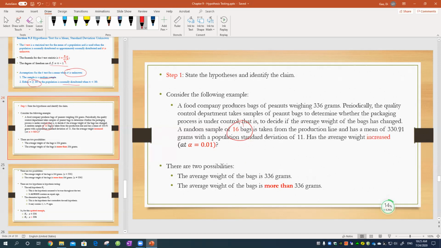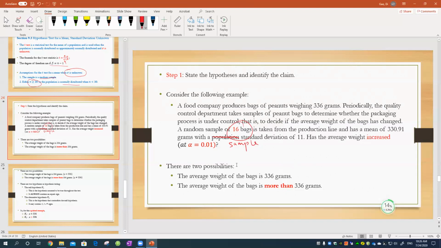Here's a typo: it's not population standard deviation anymore, it's sample standard deviation. Those are all the changes we have for this similar example.